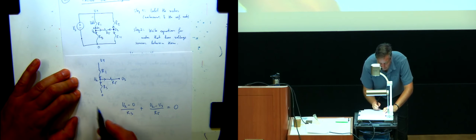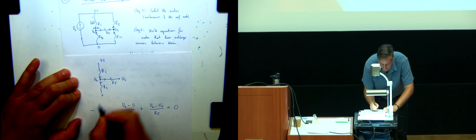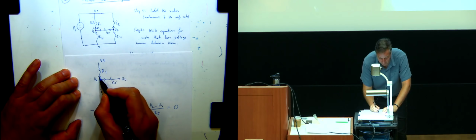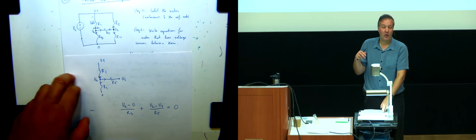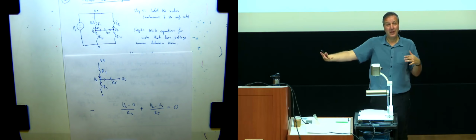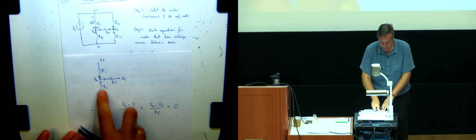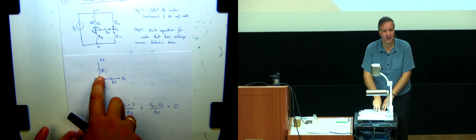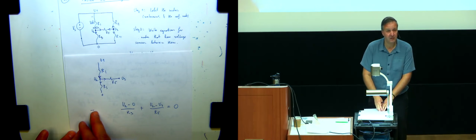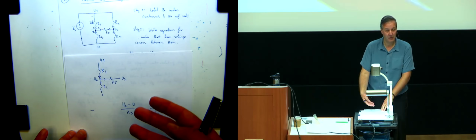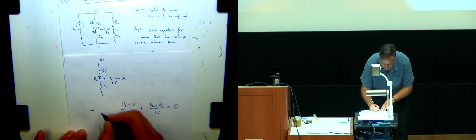But then I have to write a minus, because remember, what comes in must come out. So the sum of these two currents has to equal this other one. And if I move that current to the left side, I get a minus in front of it.